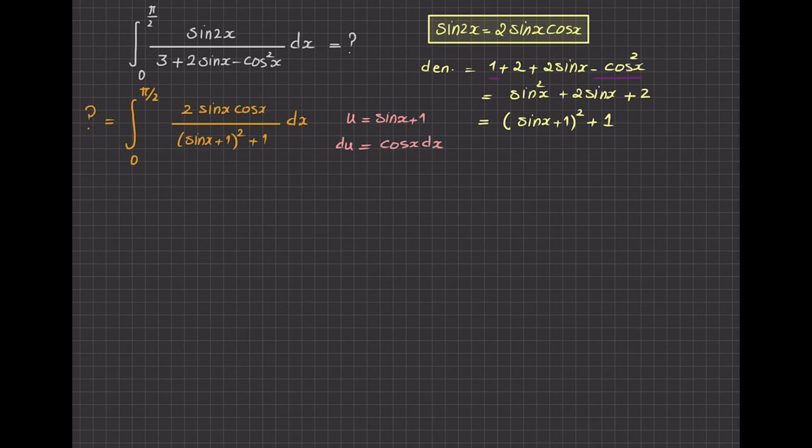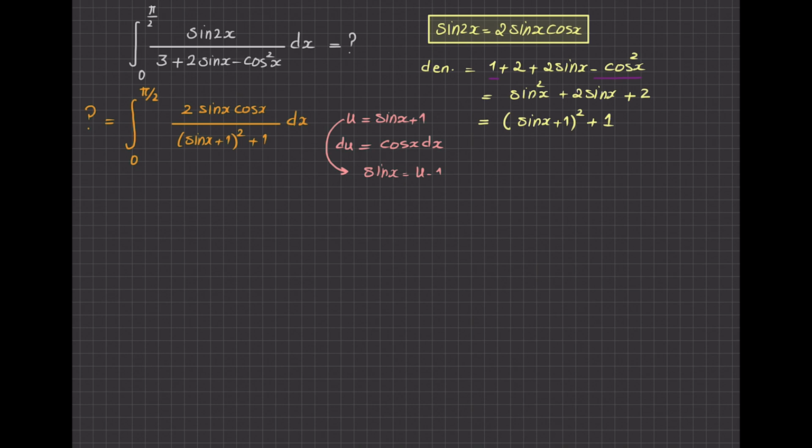That's good, because then this part that you see here is simply du, and this one is also u. The only problem is that I need to write sine x also in terms of u. So this motivates me to go back, and from here I calculate sine x to be u minus 1.